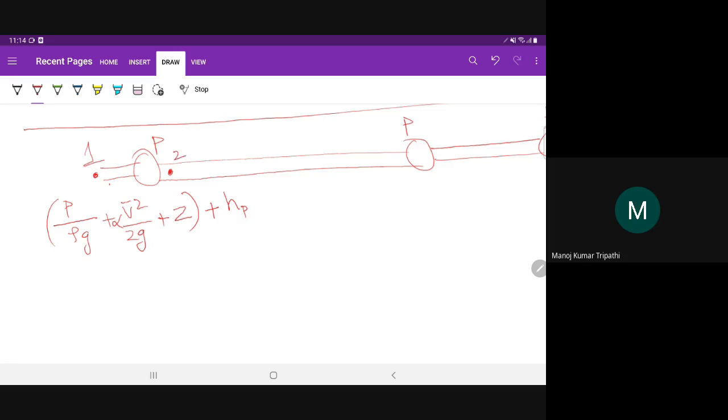So at point 2, the head will be this. This pump will add some HP to the head.